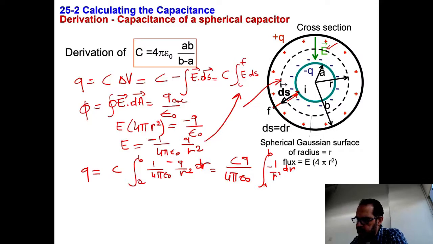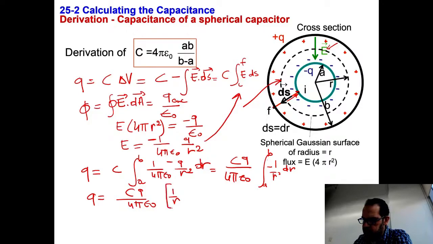It's 1 over r, so this becomes Q equals C Q divided by 4 pi epsilon 0, and we have 1 over r evaluated between A and B, so this is C Q divided by 4 pi epsilon 0 times 1 over B minus 1 over A.